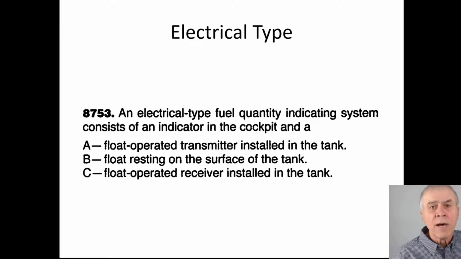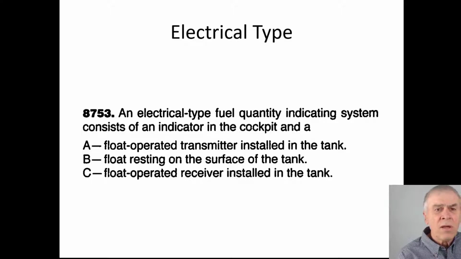An electrical type fuel quantity indicating system consists of A, an indicator in the cockpit and a float operated transmitter installed in the tank. Sounds good so far. B, float resting on the surface of the tank. No, it's actually on the surface of the fuel.